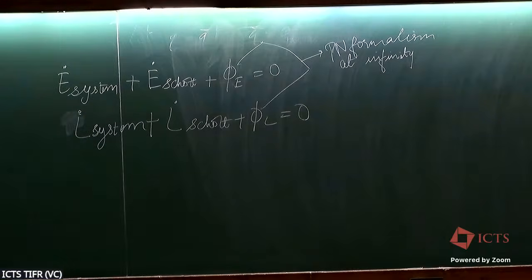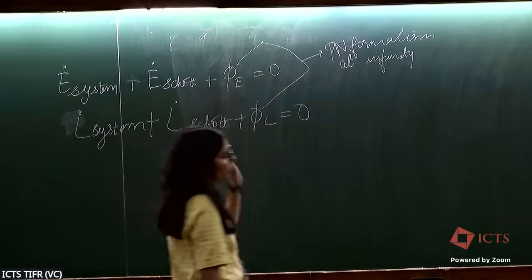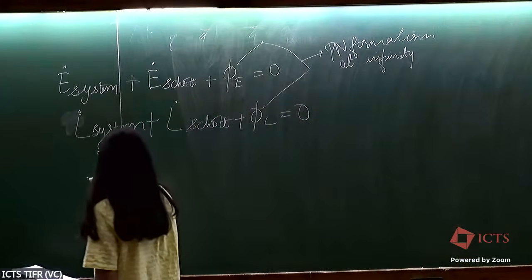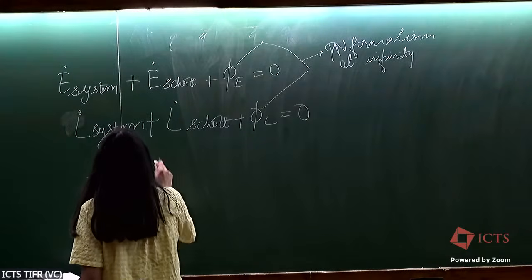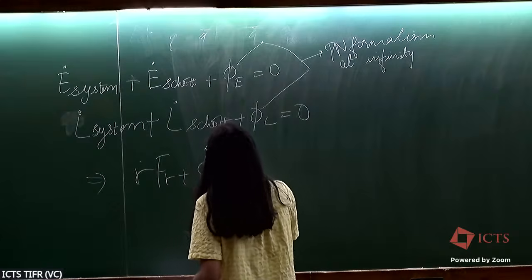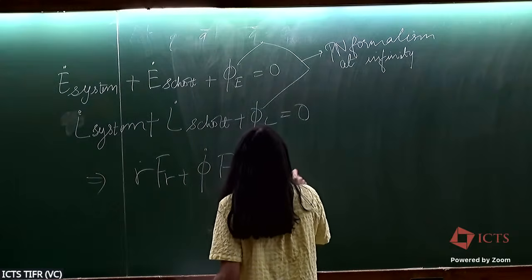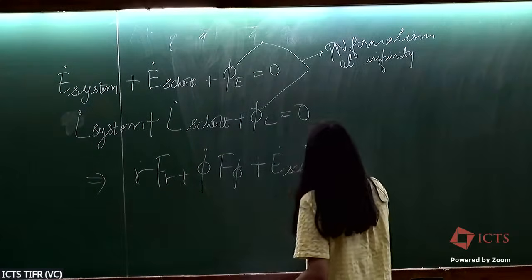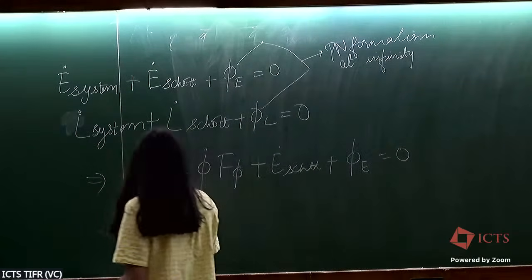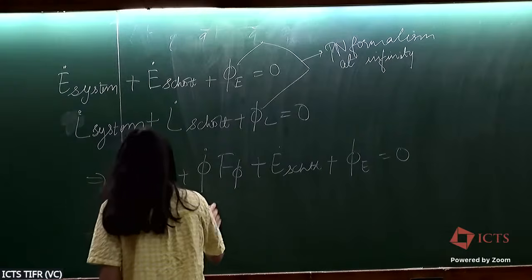Now, basically, how we can compute this E dot and L dot, we insert back the equations that we just computed here, and we obtain what this F_r and F_phi would be in terms of the energy short and the PN formalism energy and the angular momentum losses, which basically becomes, we have r dot F_r.